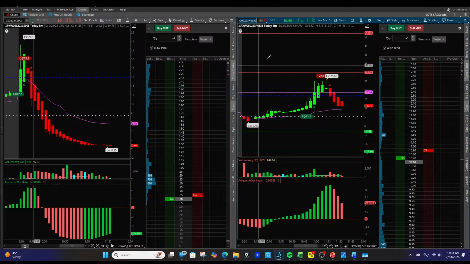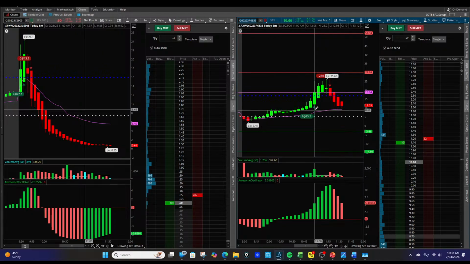This last trade that I made, which I shouldn't have made, but I did.